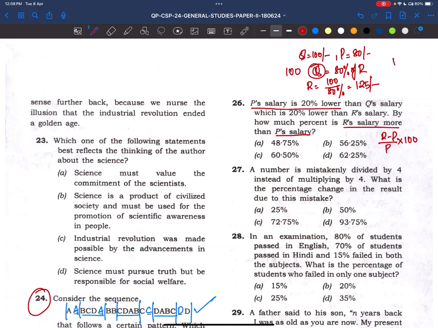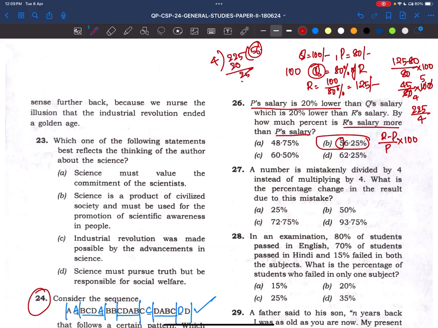R is 125 minus P, which is 80, by 80 into 100. 45 by 80 into 100, that means 225 by 4, which is 56.25. See here, only one option is there, so the answer is B.